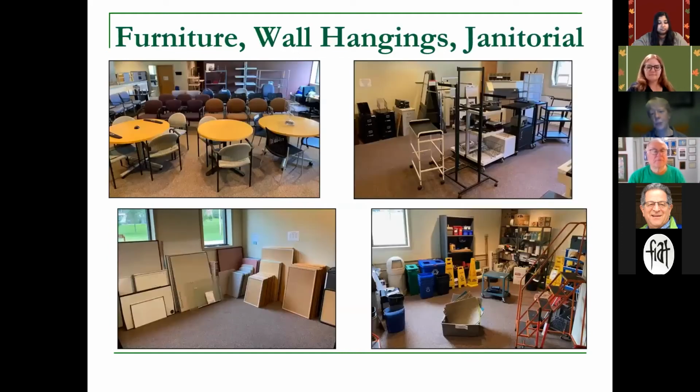Now we'll transition to our furniture and fixtures, where we have lots of different tables and chairs of various styles, shelving units, carts, storage bins, filing cabinets, whiteboards, bulletin boards, literature racks, pictures, lots of janitorial items, including trash bins and recycle bins and bathroom products. And if you name it, we have it.